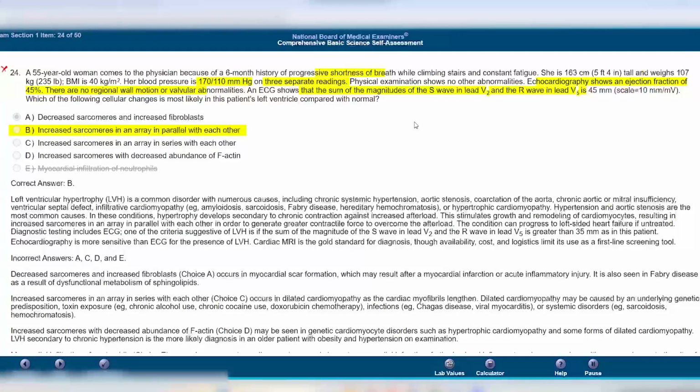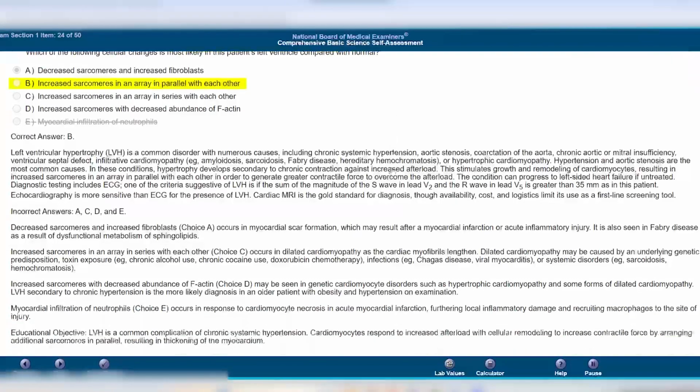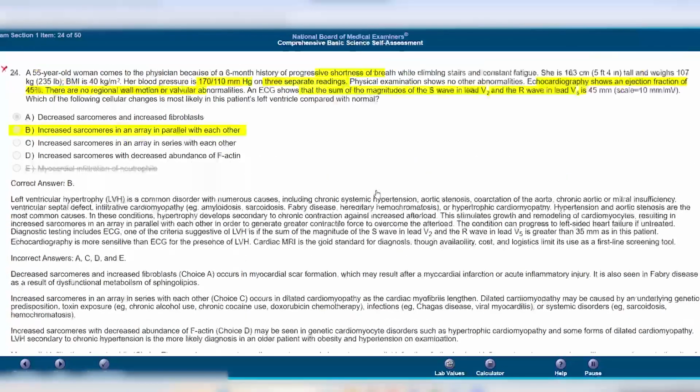What happens in HOCM from a pathological standpoint? In terms of how it's caused? No, for instance, how the answers here say increase in sarcomeres, et cetera. What does the biopsy look like? I'm not sure if it's on here.